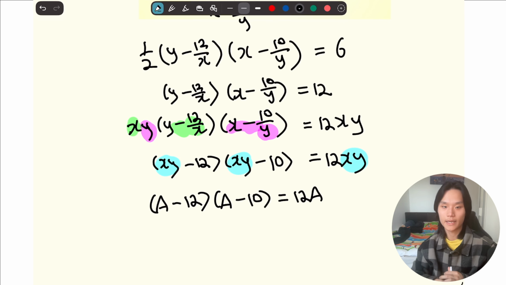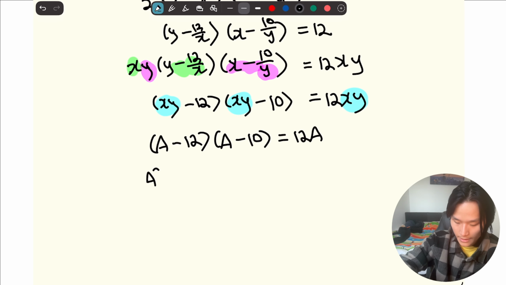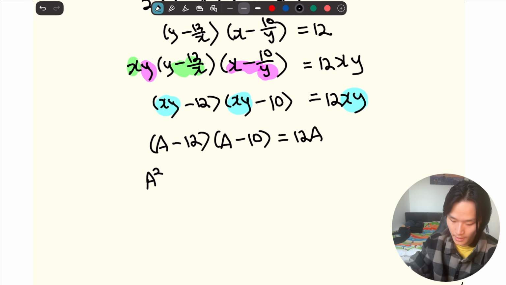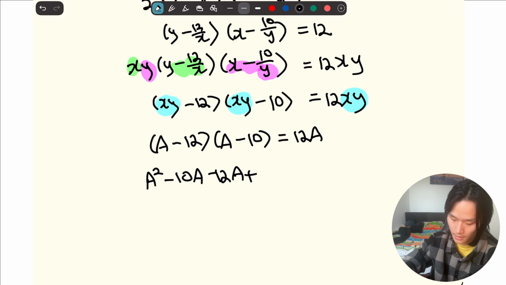Now we can expand the brackets, so A squared minus 10A minus 12A, and then minus 12 multiplied by minus 10, that is 120, and it equals 12A.